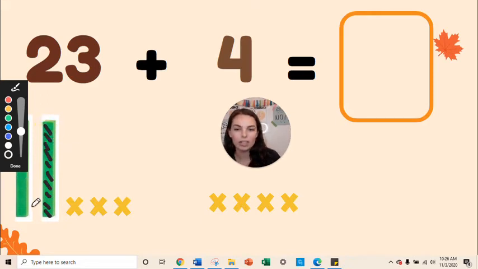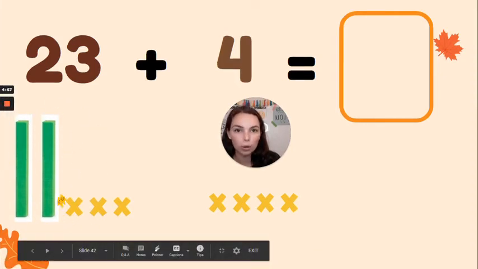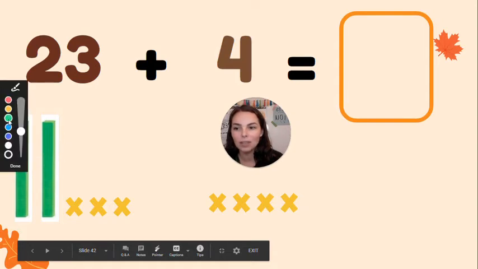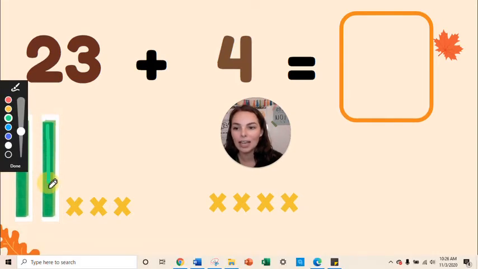And I'm just drawing a line just because that's quicker. But that's 10 X's put into a group. So every stick is 10 X's put into a group. So if I draw a stick, you already know that that equals how many? 10.